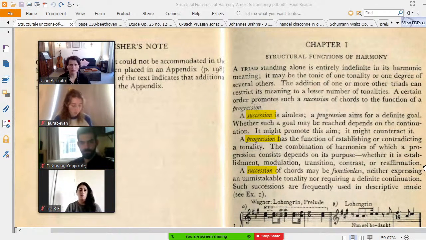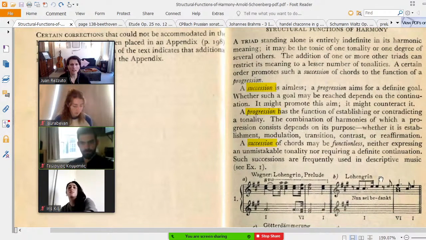As you know, he's talking here about things that we talk about during composition. "A succession, of course, may be functionless, neither expressing an unmistakable tonality nor requiring a definite continuation. Such successions are frequently used in descriptive music."